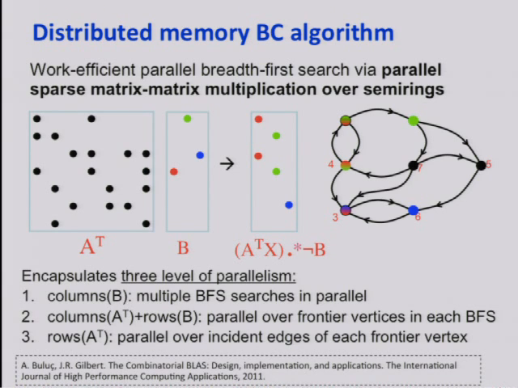And since we're going to be parallelizing over columns of A transpose and rows of B, this translates into parallelism over frontier vertices. If you have 100 entries in the frontier, that's the parallelism. And finally, since we're parallelizing also over rows of A transpose, this is where we get parallelism over high degree vertices with many outgoing edges.